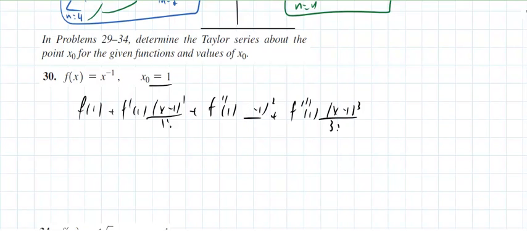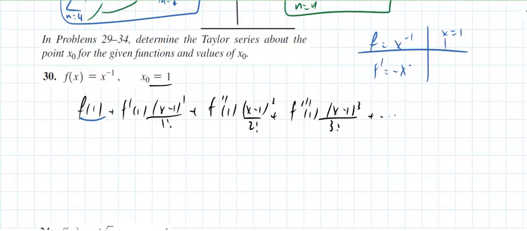So that's how that goes. The idea is that to figure out a pattern, we need to figure out what those are. So f equals x to the negative 1, at x equal 1, we get a 1. F prime is negative x to the negative 2, that's negative 1.